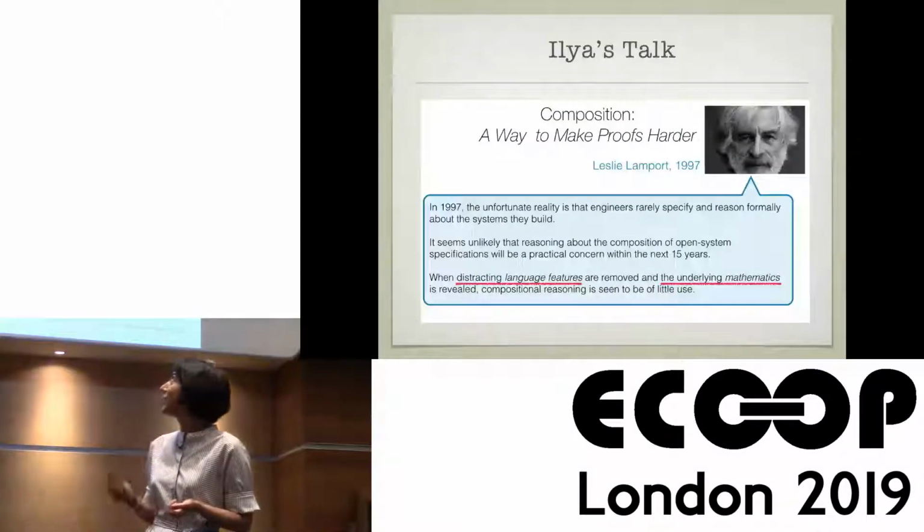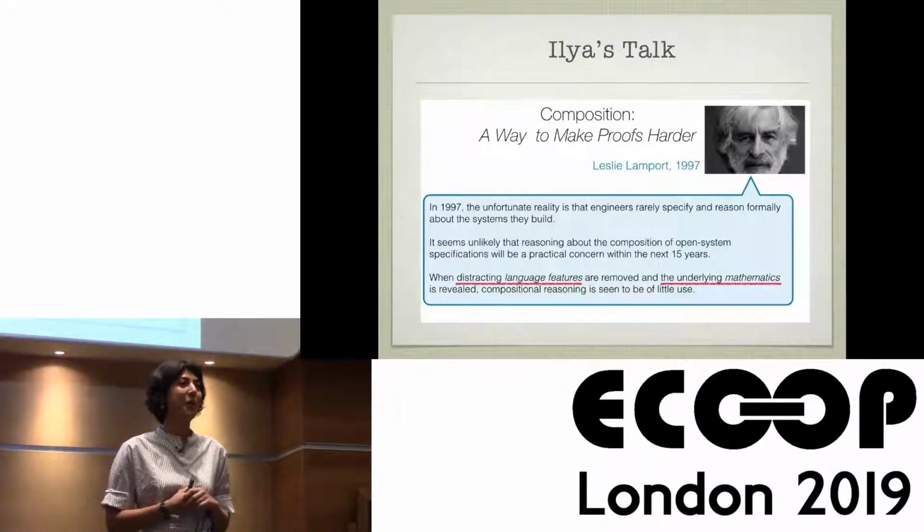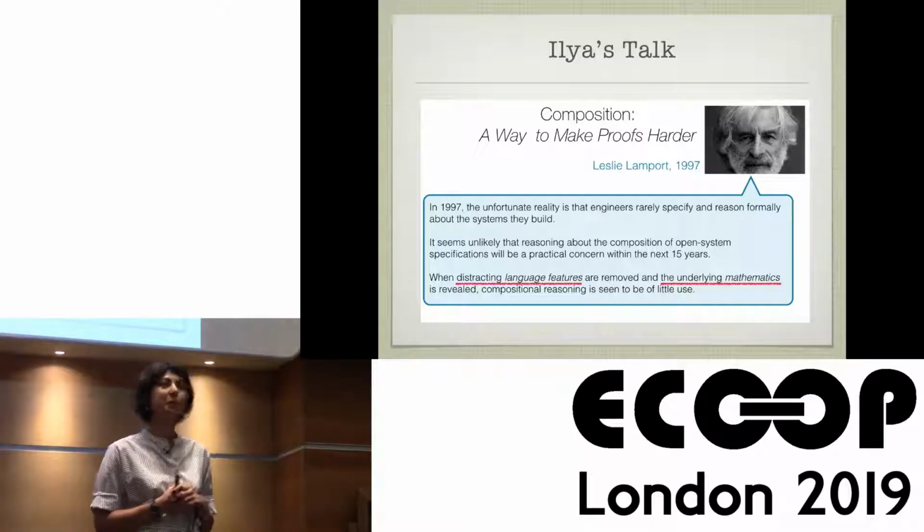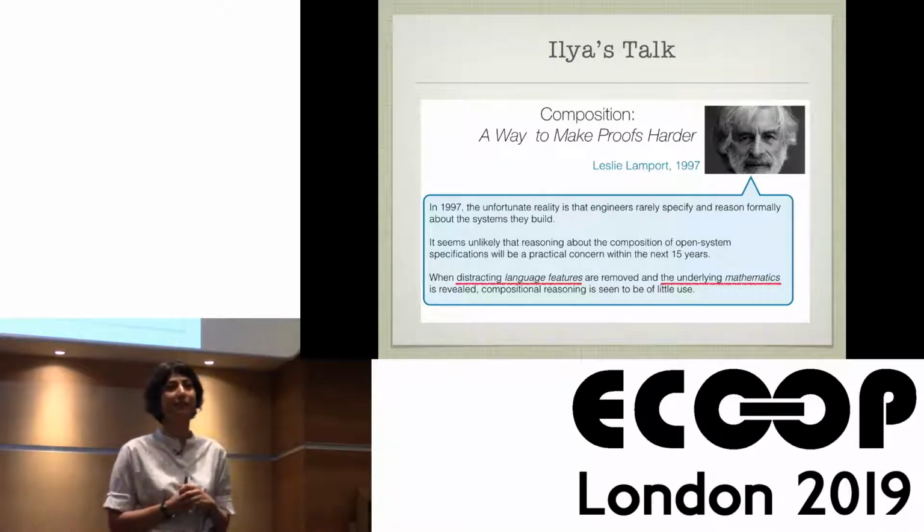With that, I stole one of Ilya's slides from yesterday. This is the claim that Lamport made back in 1997 about compositionality not being really something desirable for program verification. I want to use this as the grounds to pivot in a different direction than Ilya's talk went, and tell you about a particular type of compositionality that we have been exploring for almost 7 years now.